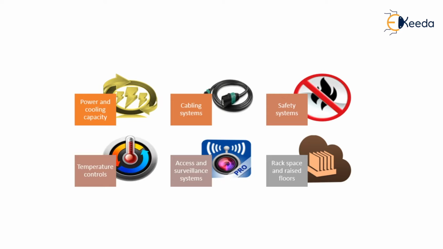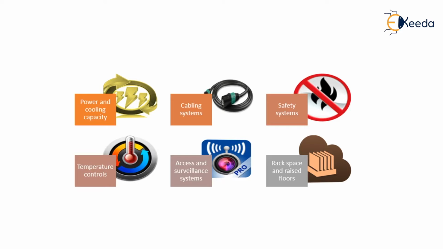So it totally depends on what kind of rack structure and raised floor structure the organization implements within their data center. So these are certain facilities which are a part of the data center. On the basis of these facilities, any data center organization will start their business in the market.